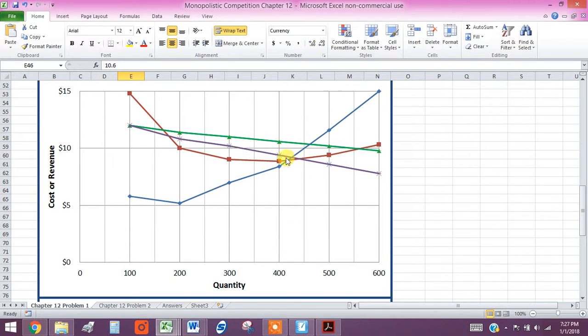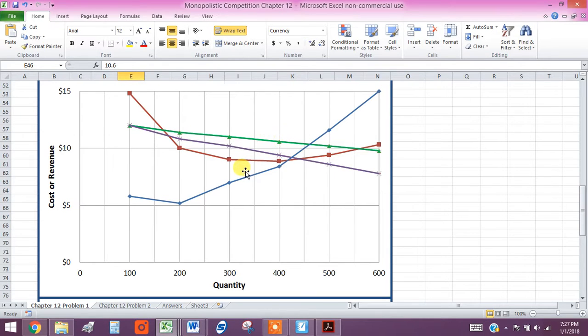At 400, marginal revenue, in purple, is well above marginal cost. So that's where this restaurant would operate.